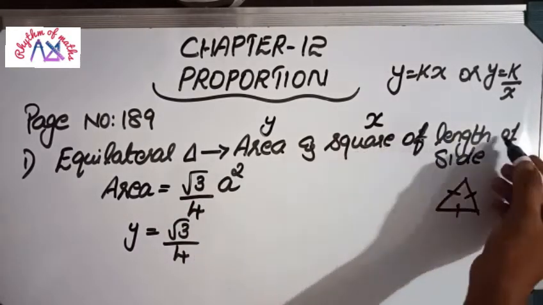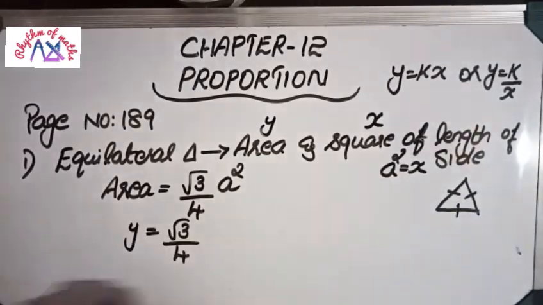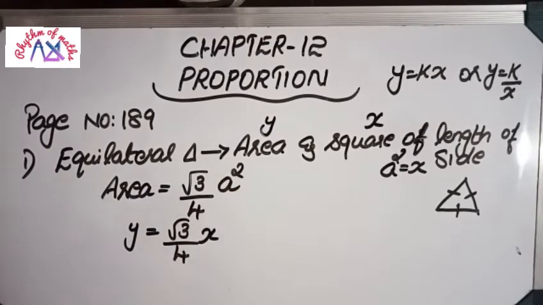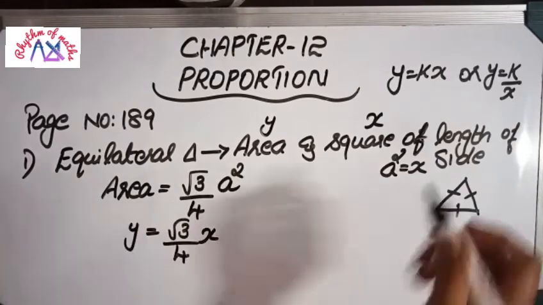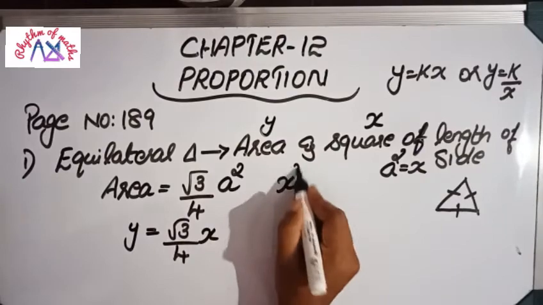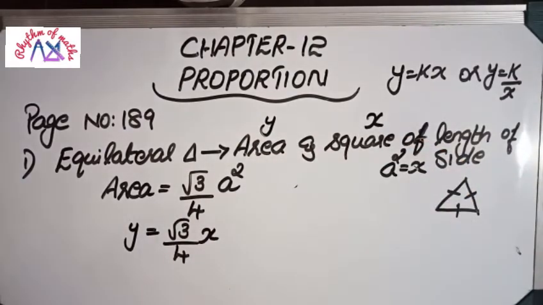Here we consider the length of side as a, and its square we consider as x, so instead of this whole a square we can substitute x. We didn't consider the length of side as x; if we did, we would substitute x square. But here we consider the square of the length of side as x, so a square equal to x.